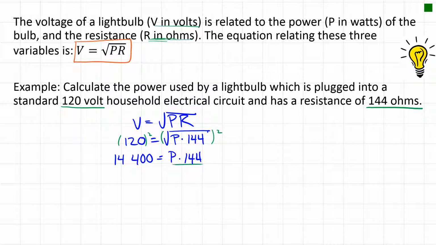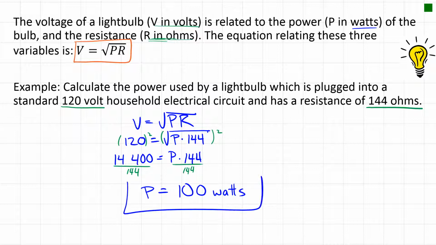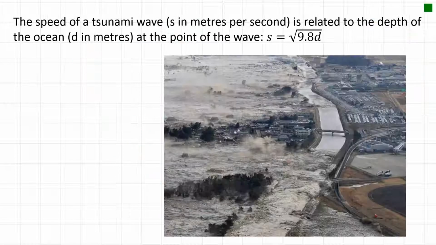And then I divide each side by 144 and see what I get for my resulting power. So I get P is equal to 100, and the units for P are watts. I know that again from up here in the description of the equation. Make sure to always include your units on application problems.